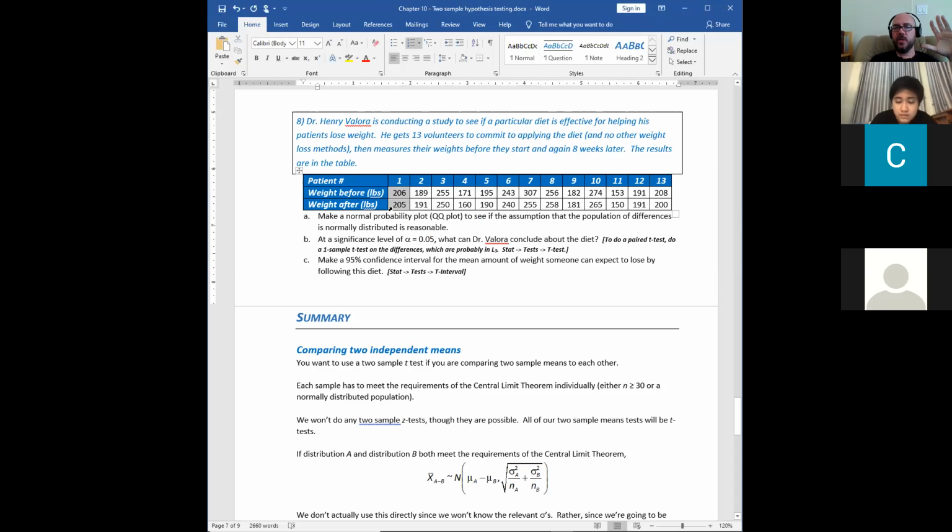We're not actually using these directly, only what the differences between them are. And then we're just doing a t-test on the differences, to see if they're significantly different than 0, or in our case, significantly less than 0.